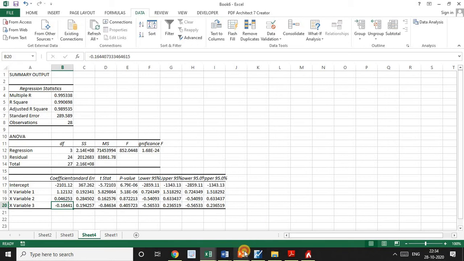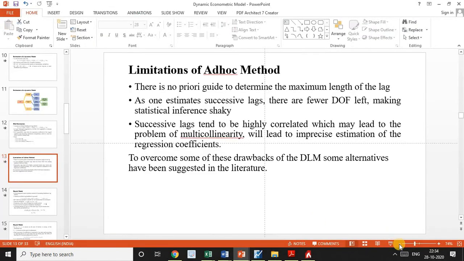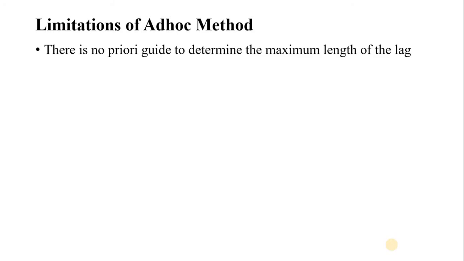Now, there are certain problems with this ad hoc procedure. The first problem is how many lags we should include. Here we don't have a proper method to tell you how much lag should be included.